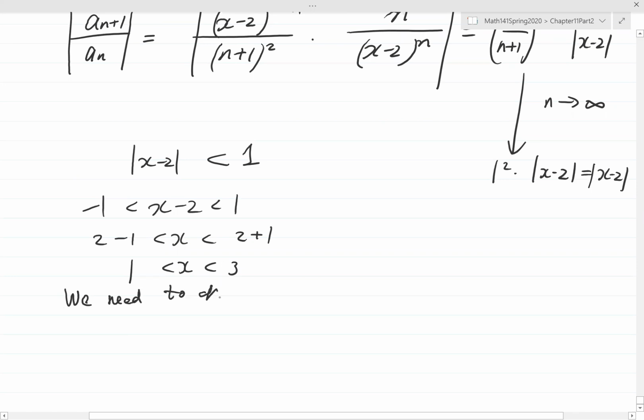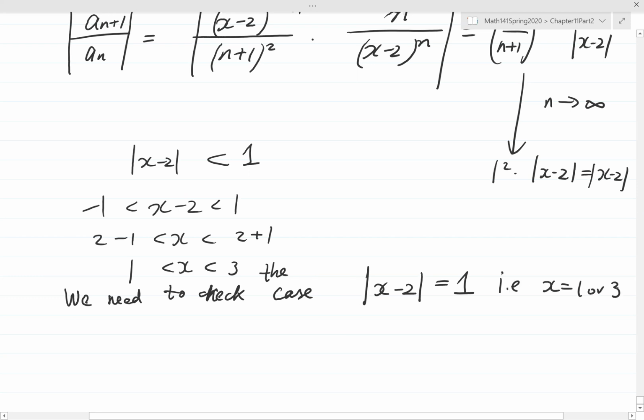Check the case when the ratio, the absolute value of x minus 2, equals 1, i.e. x equals 1 or 3.